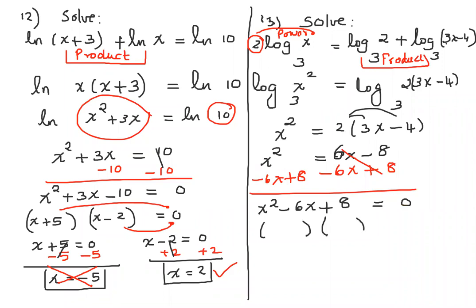So we get minus 4, minus 2. Then set each one equal to 0.